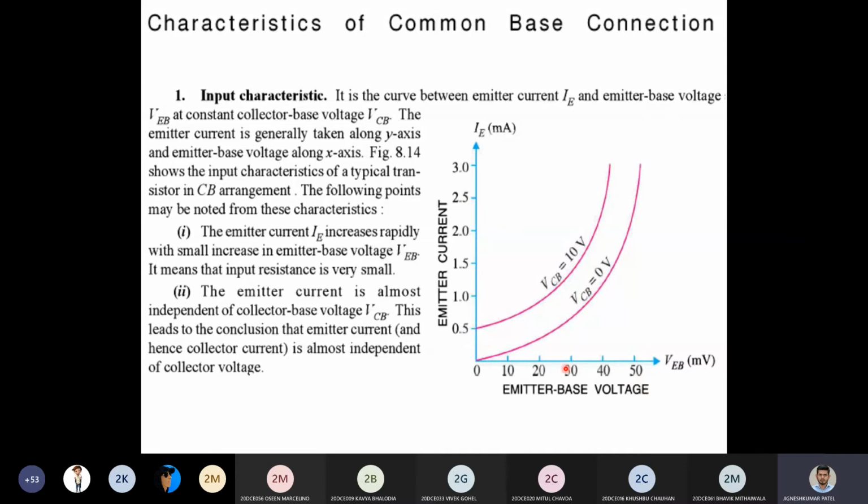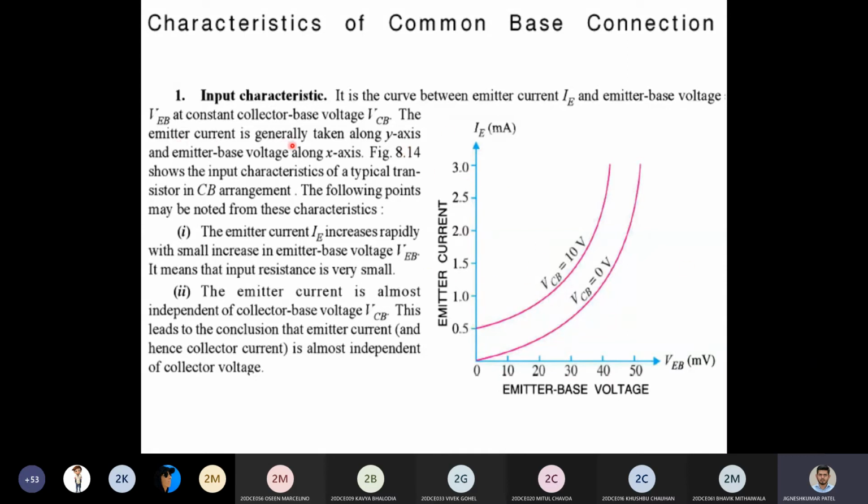Then I'm going to apply different voltages on my emitter base, and then I'm going to measure the current IE. And then I'll plot this characteristic. In the same way for different VCB, let us say 10 volt, I'll make it constant, then start VEB from 0, change VEB, and record the reading of IE. That's how we get this graph.